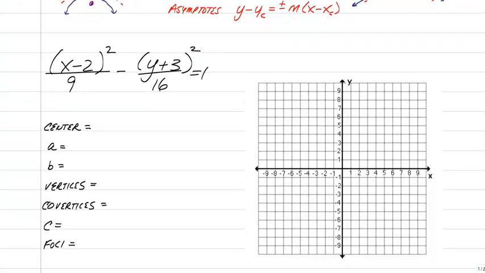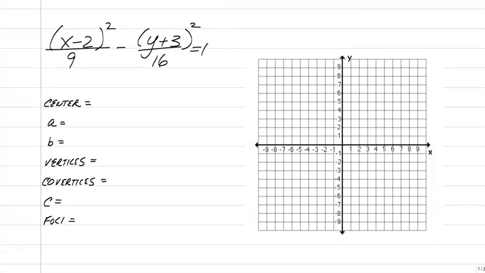Okay, so let's just start working again like we did in the last video on ellipses, because that might help us see what's going on here. First thing you must pay attention to is: is it x minus y or is it y minus x? Because your center is still h comma k, which goes with your x and y. So your center for this guy is a positive 2, comma, negative 3.